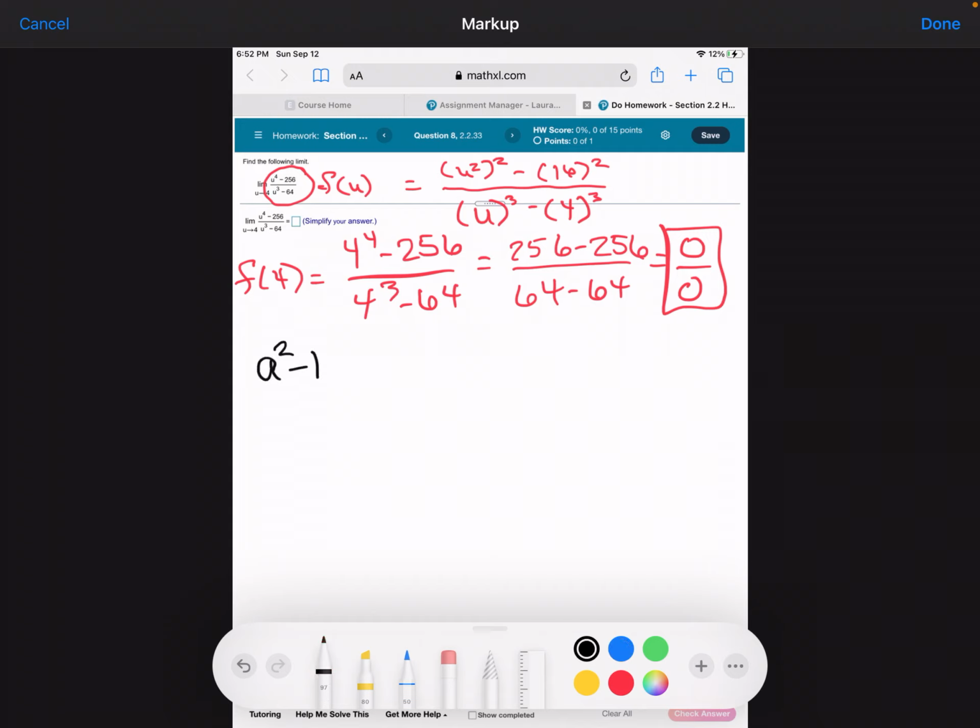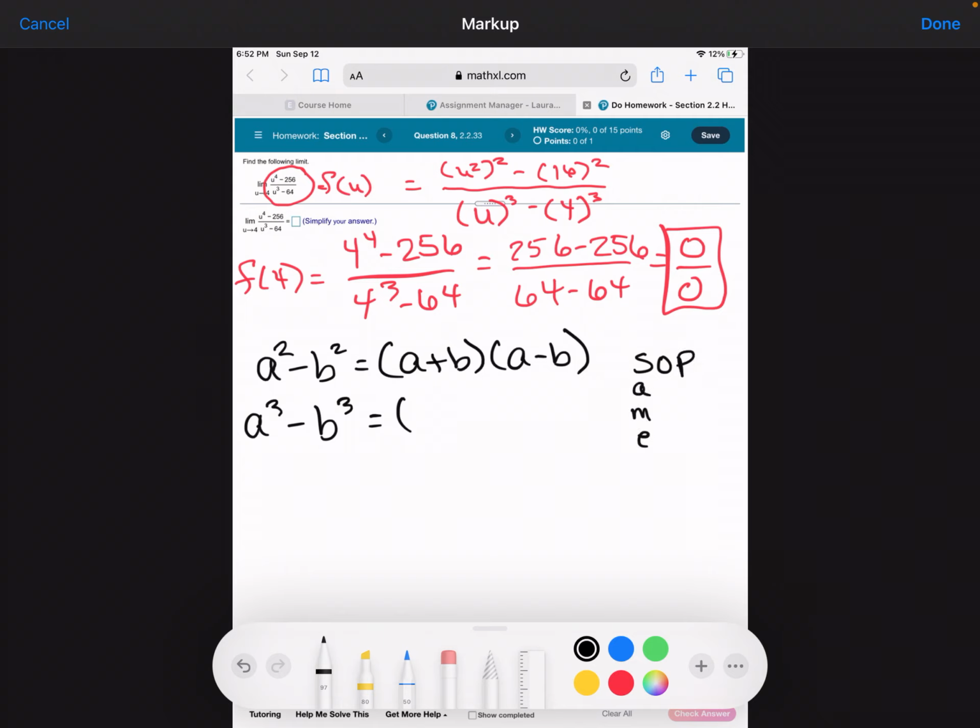A squared minus b squared is a product of conjugates, as we made happen earlier. For the cubes, this one you might not remember, so I'm going to write down SOP, which helps you remember the signs. That means same, opposite, always positive.